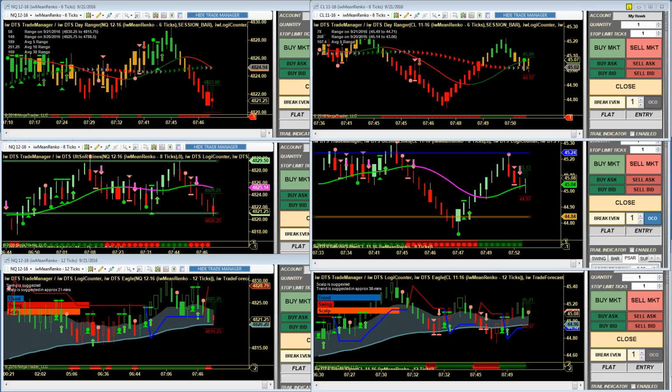Let's see if we can't get at least one trade going here. So a little bit of a downtick, and now they're falling flat again.